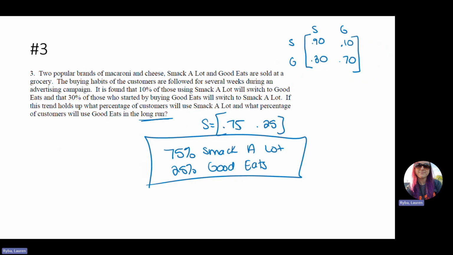However, if you were Good Eats and you were tracking this, you would say, there's a problem. We need to do something about this. Do we need to change our recipe? Are people not liking our recipe? Do we need to do a consumer research survey and figure out why people don't like our product? Do we need better advertising? Do we need better sales? What do we need to do to change that result if we were that other company? That makes sense?